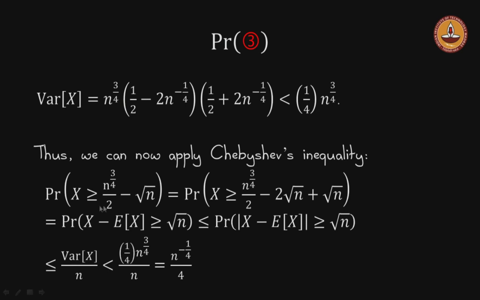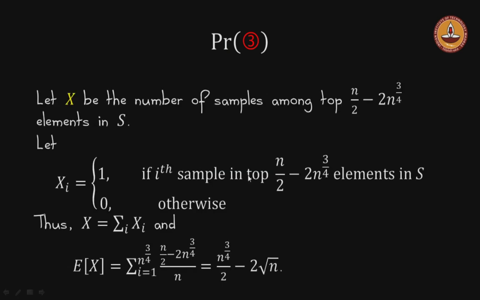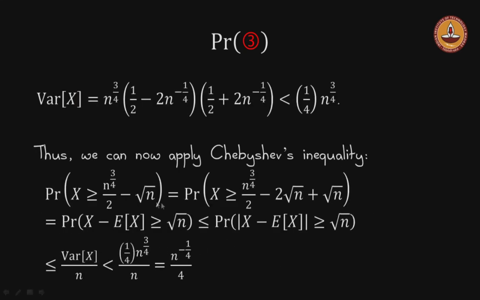And now set this up carefully, because now you have this event X greater than this quantity. The expectation is n^(3/4)/2 minus 2 square root of n. So, I am just going to subtract a square root of n and add a square root of n. So, I get it of this form.